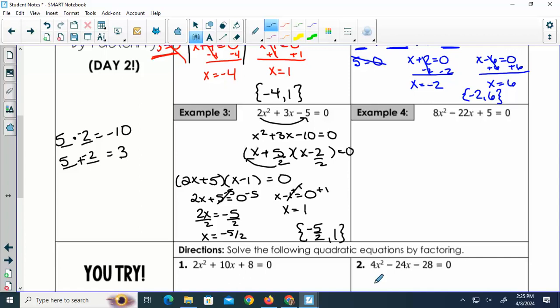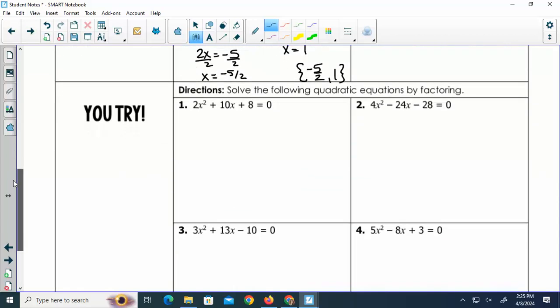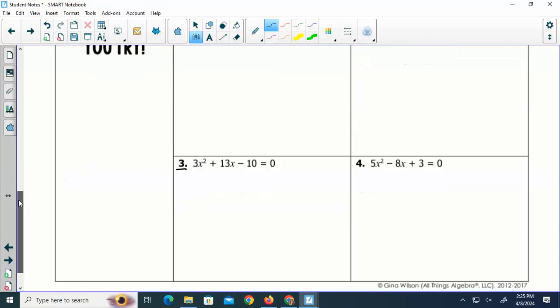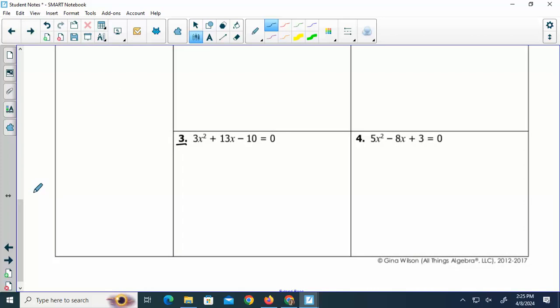So we have to use all of our factoring from before, but once it's factored, we just set them equal to 0. Let's jump down. Let's go to number 3 here.